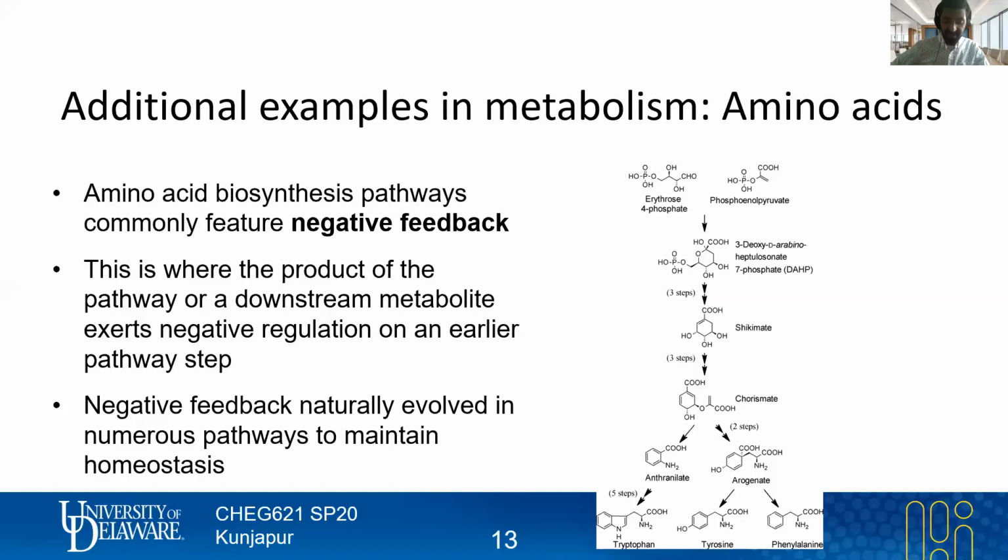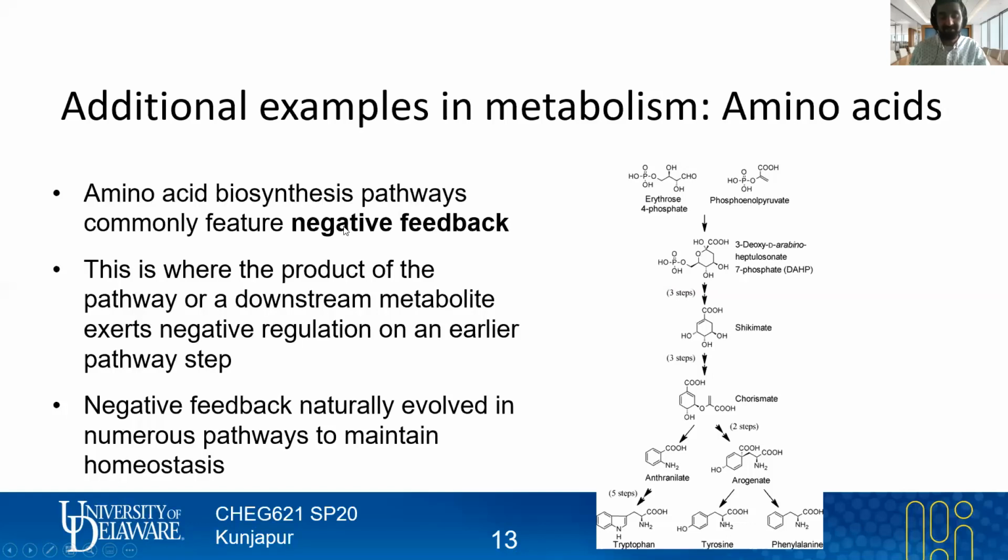When you have that kind of a situation, which appears all the time in nature, hey, I've got this critical metabolite whose concentration I need to keep in homeostasis, you find that those pathways have negative feedback.